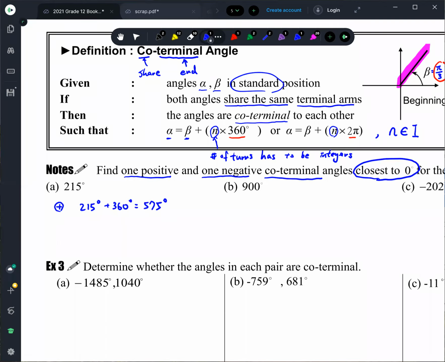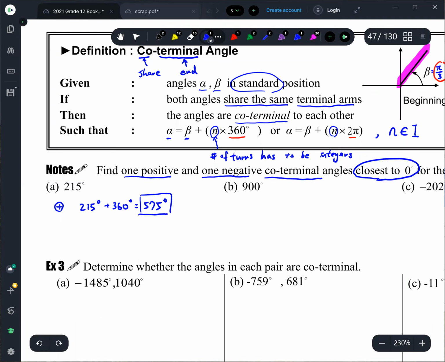So you don't include 215. Other than 215 degrees, the one that is closest to 0 is 575. If you add another 360 degrees, that's another coterminal angle, but that's not the closest to 0 degrees.